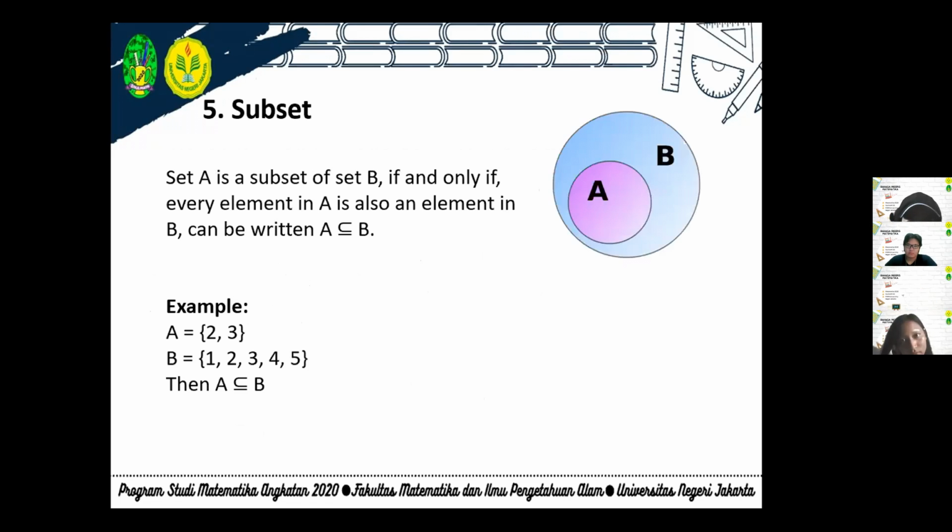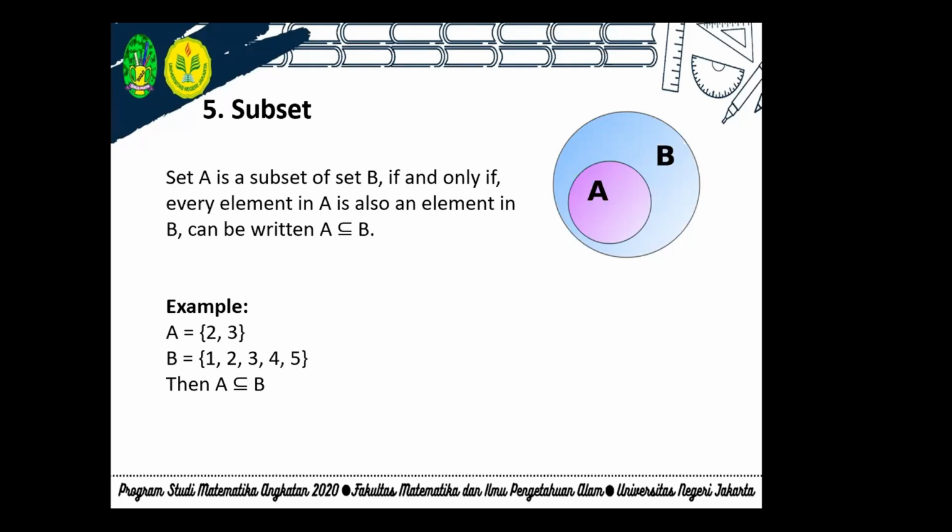And then the fifth is subset. Set A is a subset of set B if and only if every element in A is also an element in B. It can be written A is a subset of B. The circle on this screen is an example of the subset.